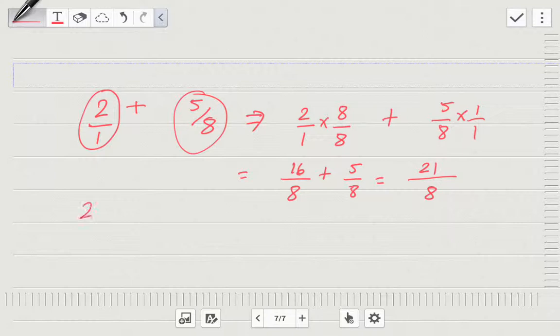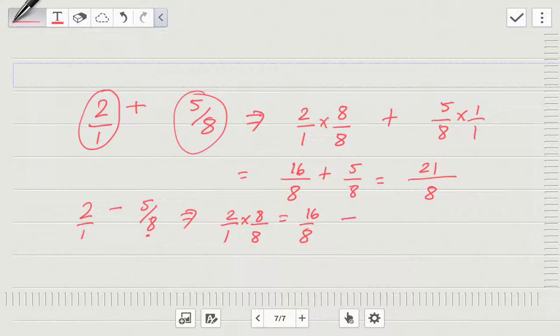What if we had to subtract? 2 minus 5 by 8. Well, the same thing. We have to understand that 2 is same as 2 by 1. Then again, the strategic number to multiply this 2 by 1 is the denominator of the other fraction. Now that is 16 divided by 8.